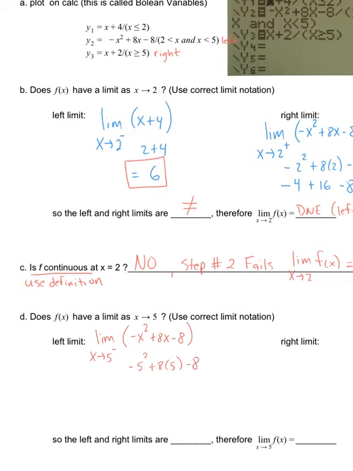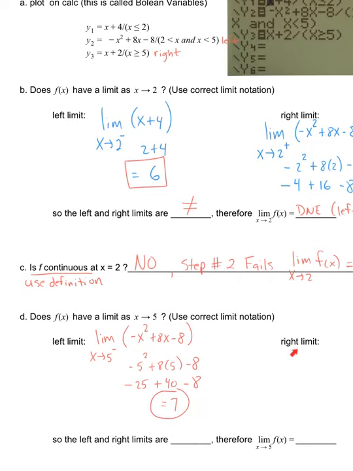Remember, the negative is not in parentheses, so that comes down. 5 squared is 25. Plus 8 times 5 is plus 40, and minus 8. So negative 25 plus 40 minus 8 is giving me a limit of 7. So my left limit is 7.